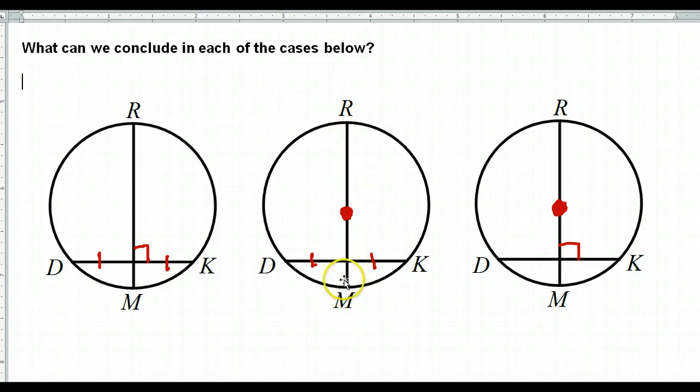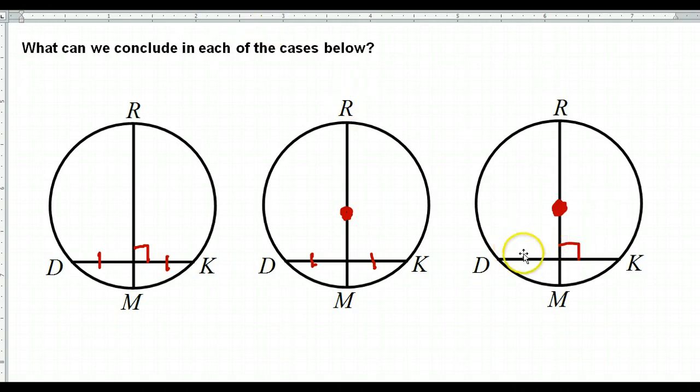So I'm giving you it's a diameter, and I'm also telling you that it's a bisector. See the two equal pieces? So we can conclude that it is perpendicular. We know, even though it's not shown, that RM must be perpendicular to DK. And on this one, the dot again tells us that RM is the diameter, and I'm giving you that it's perpendicular, so we can conclude that it must also be a bisector.